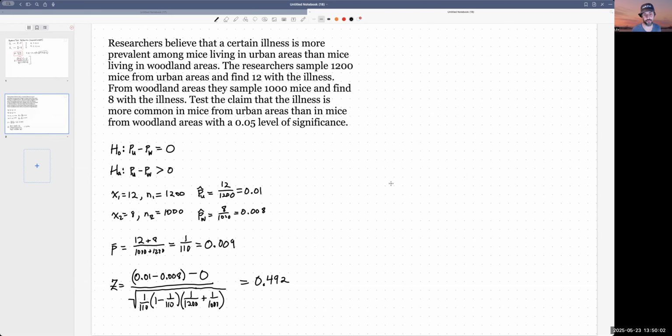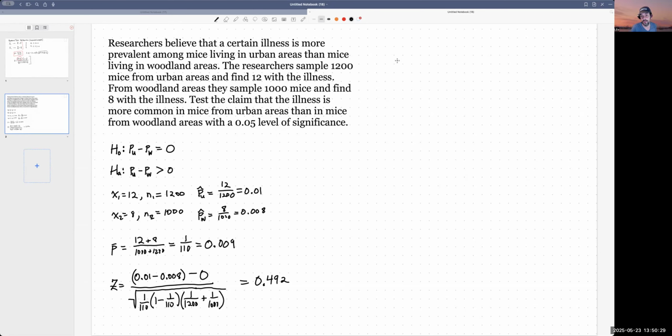You've been working with normal distributions a lot. You might even have a guess already whether or not we've got enough evidence to reject the claim. But let's go ahead and do the computation. With the z-score, we're doing a right-tailed test because our alternative hypothesis is that our difference in proportions is greater than 0. So we're looking to the right.